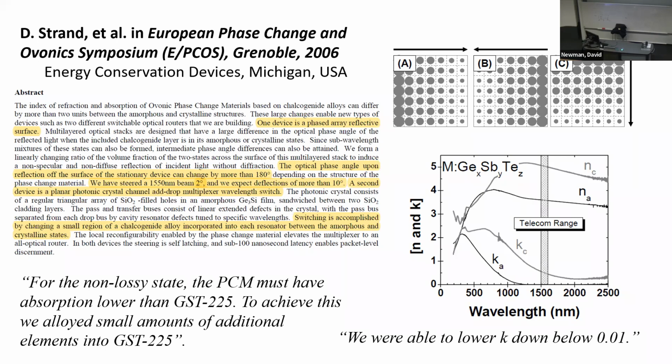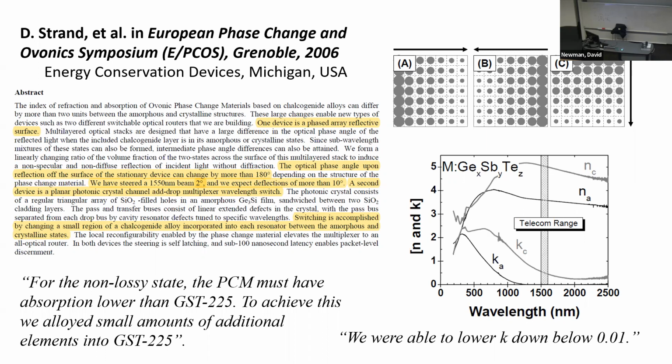Back in 2006, it basically described a way of making a beam steering device from GST, where they have an array of oscillators. I think there are 8 of them here with a separation of quarter pi, I guess, between each of these oscillators. And these are written into GST with a laser.